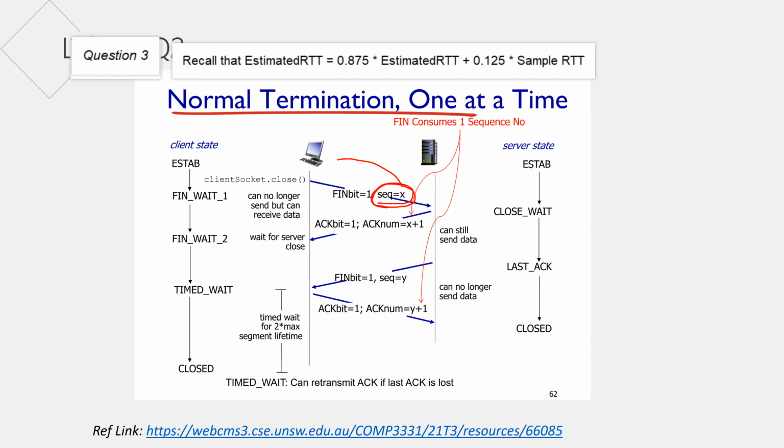Because X is our initial sequence number. And when the server wants to send me something, they will set the sequence number as Y because Y is the initial sequence number for the server. So we are using different sequence numbers for each side.